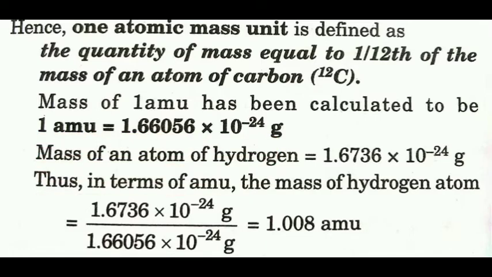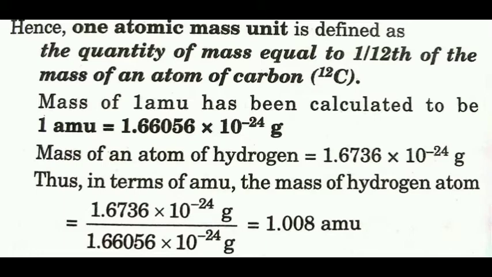So according to this value, now we can calculate the masses of different atoms of the different elements. Suppose we want to calculate the mass of the hydrogen atom. So how can we do it? The mass of an atom of hydrogen is equal to 1.6736 × 10^-24 grams.